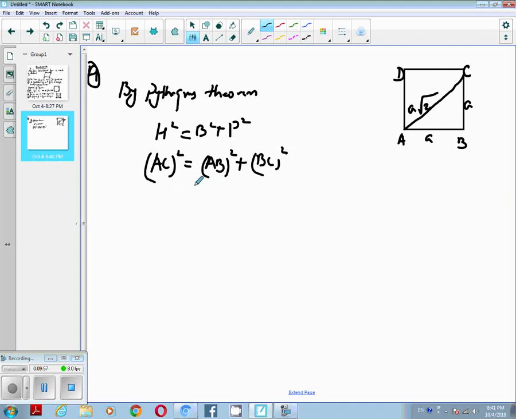Now as we know, AB is equal to BC is equal to a, so AC square is equal to a square plus a square, and that is equal to 2a square. So AC is equal to root of 2a square, and that is equal to a root 2. This is how we come to the conclusion that the diagonal of a square is equal to a root 2.